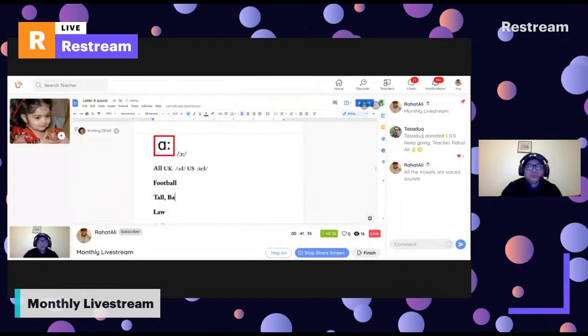Similarly, ball, call, small, stall. Because the chunk all is there inside the word.